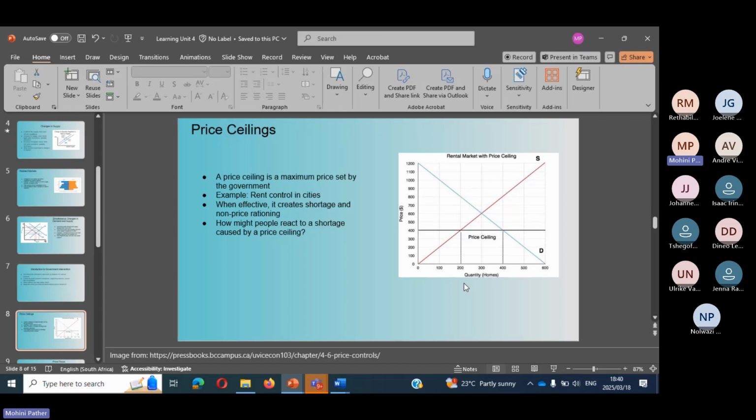There's a huge demand. But what quality would you be producing? Quality at $600 a home or quality at $400 a home?